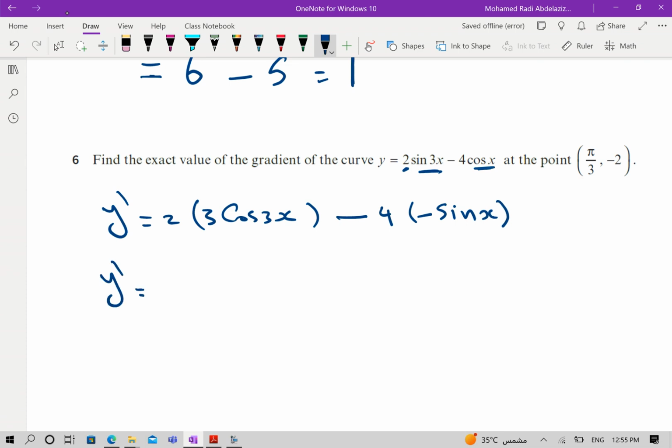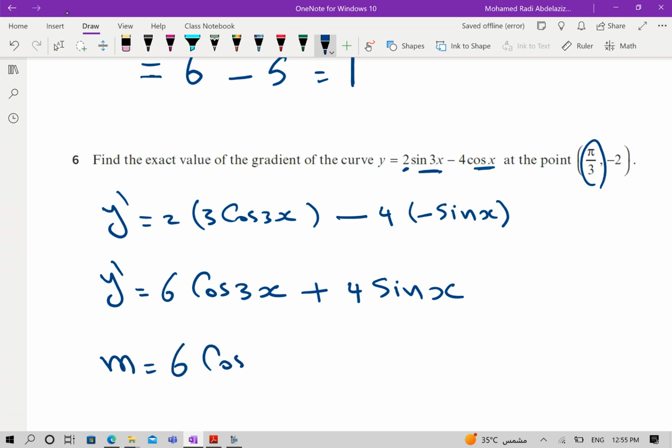So y dash is 2 times 3, 6 cosine 3x, negative negative, positive 4 sine x. Then substitute by pi over 3. So the gradient is 6 cosine 3 times pi over 3 plus 4 times sine pi over 3.